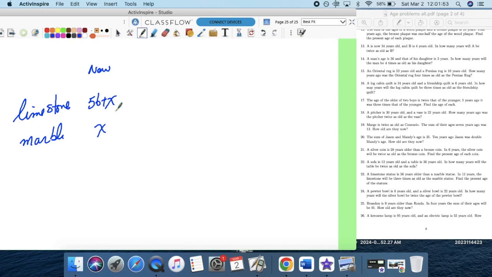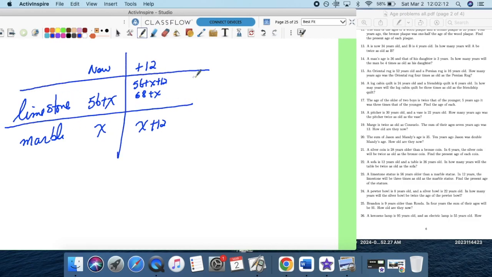Find the present age of the statues. So we need their ages in the future. So plus 12. Well, the marble is going to be x plus 12. The limestone is going to be 56 plus x plus 12, which is actually going to be 68 plus x. And that's what we're going to use.